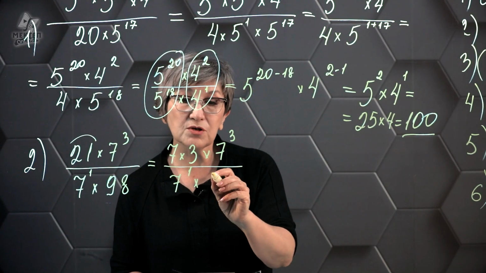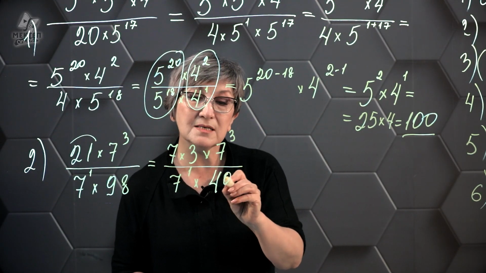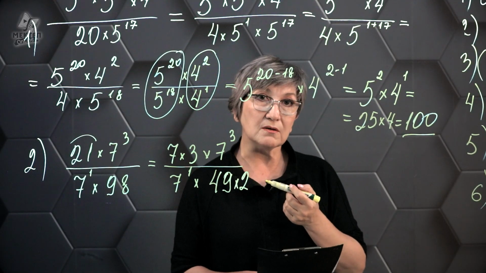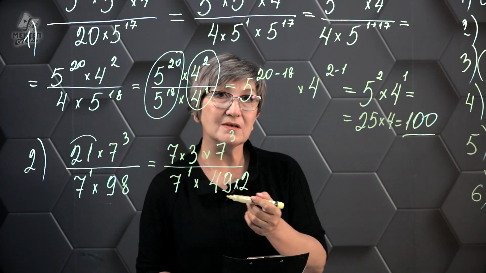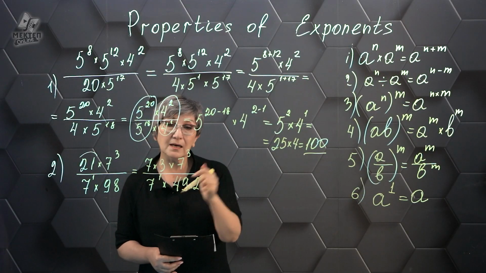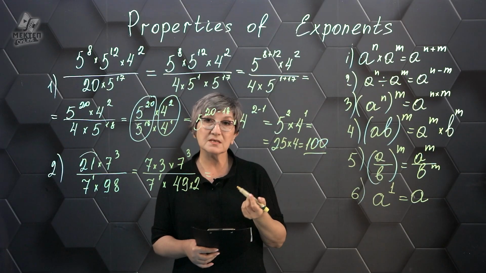I will write the number 98 as 49 times 2. Why 49? The reason is that 49 is 7 to the second degree. And then I can use our properties.